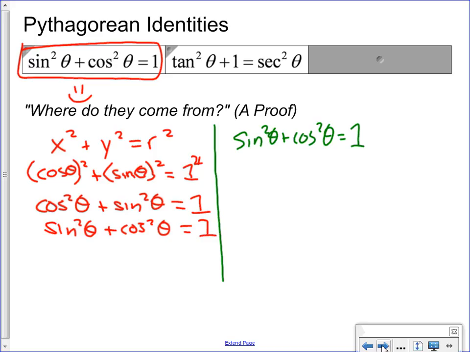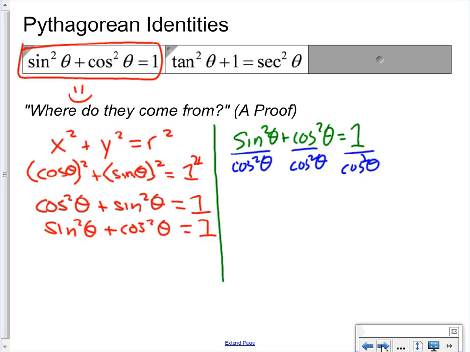If you divide everything by cosine squared, what's sine over cosine? Tangent! Sine over cosine is tangent.